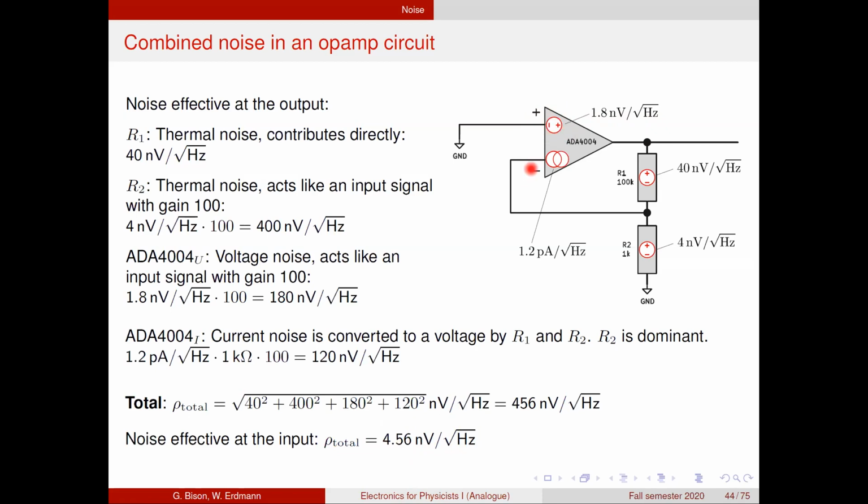And in order to make it smaller, we have only one thing we could change, and this is the value of those resistors. So if we make those resistors smaller, let's say a factor of 10 smaller, then we would reduce those noise contributions by a factor square root of 10, and this would bring us already much closer to the 1.8 nanovolts per root hertz.